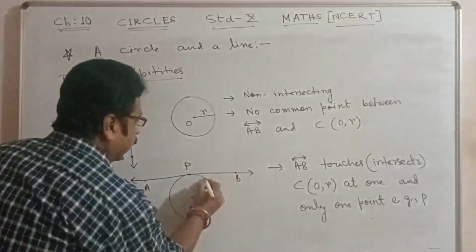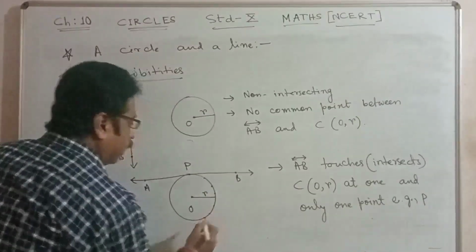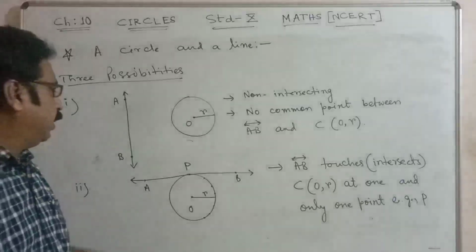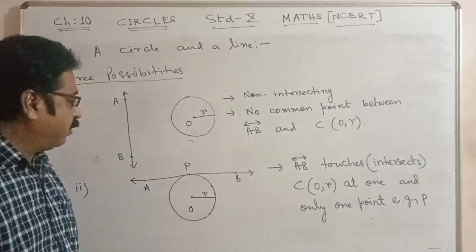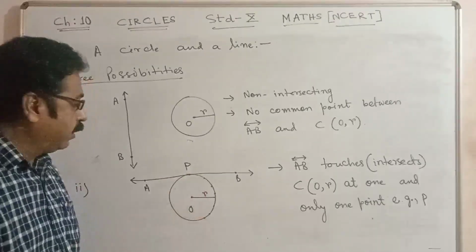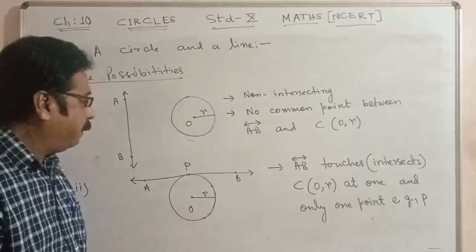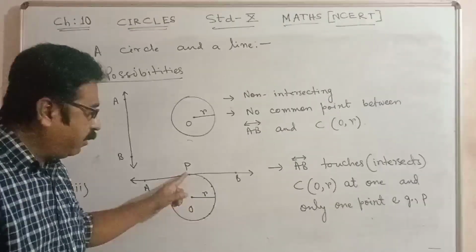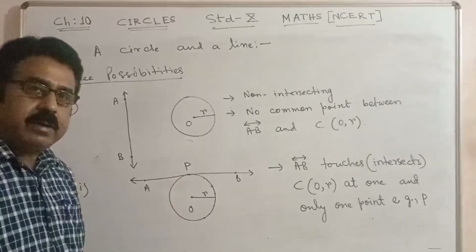This point, this point, this point, infinitely many points are there. For each point, we can get a tangent for this circle. So, infinitely many tangents can be drawn, one for each point of this circle, but for any one point, we cannot draw more than one tangent.